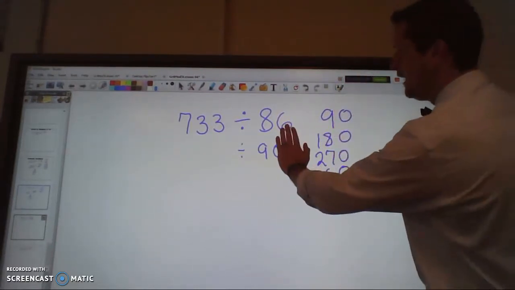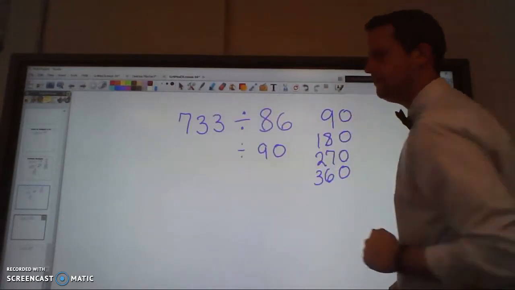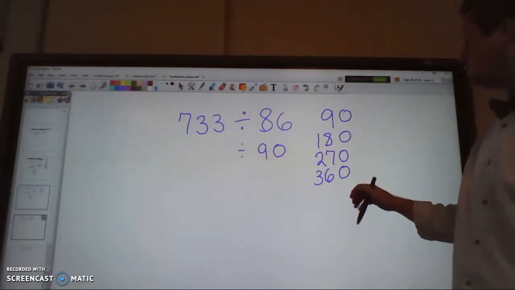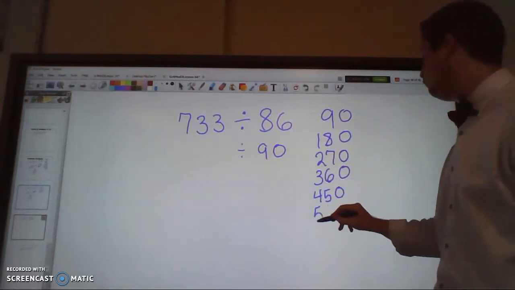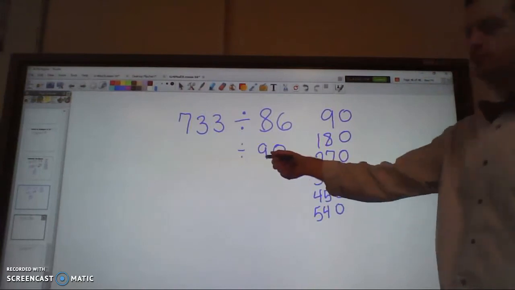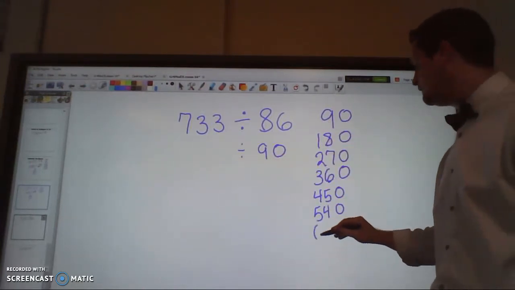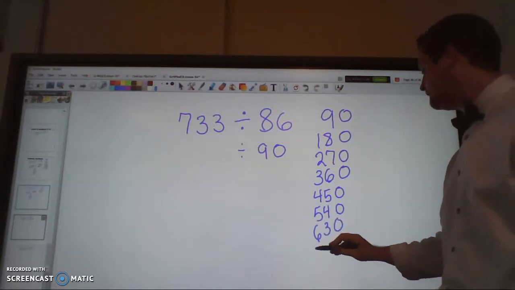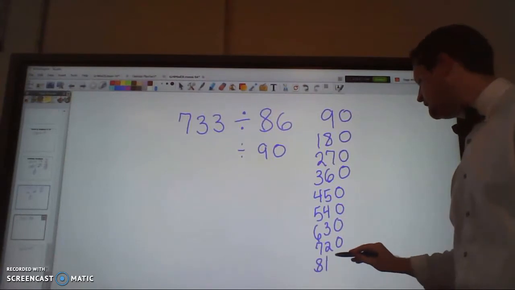See a basic fact of 9 and what's close to 73. Okay? So 360, 450, 540. So I'm just using my multiples of 9. 9, 18, 27, 36, 45, 54, 63. We're getting closer. 72. Next one would be 810.